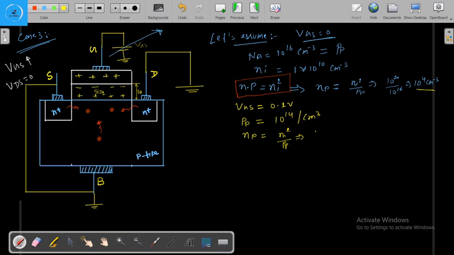This will be 10 to power 20 divided by 10 to power 14, which leads to 10 to power 6 per centimeter cube. So the concentration of the electrons is increasing here.